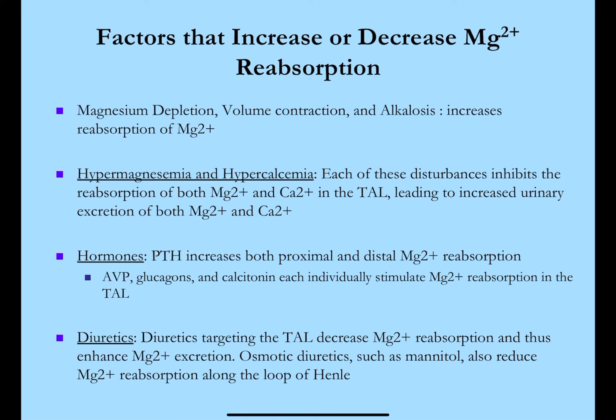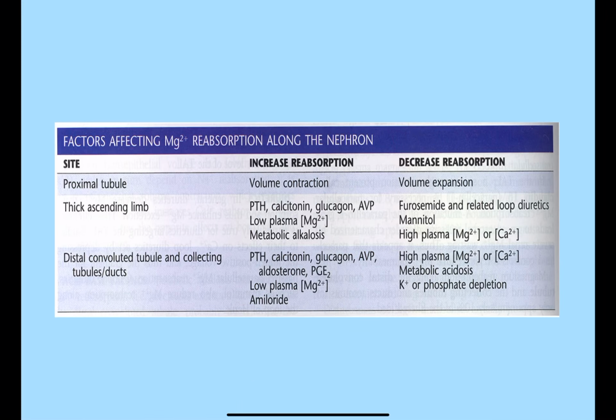But again, similar to calcium, contraction or expansion of the volume of the entire ECF has similar columns. So volume contraction will increase the reabsorption of magnesium, so you want to hold on to the stores. As we said, parathyroid hormone and arginine vasopressin will try to hold on to it, so they increase reabsorption.